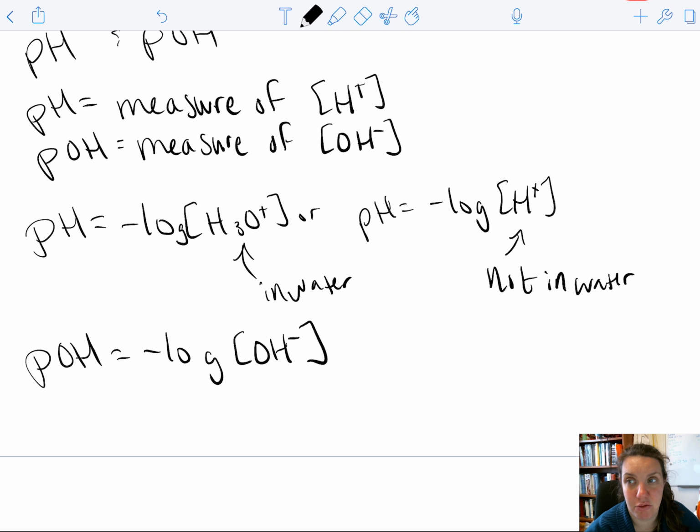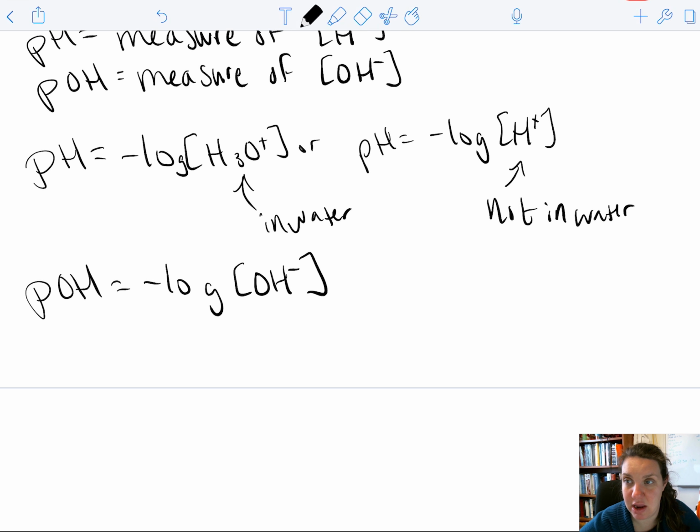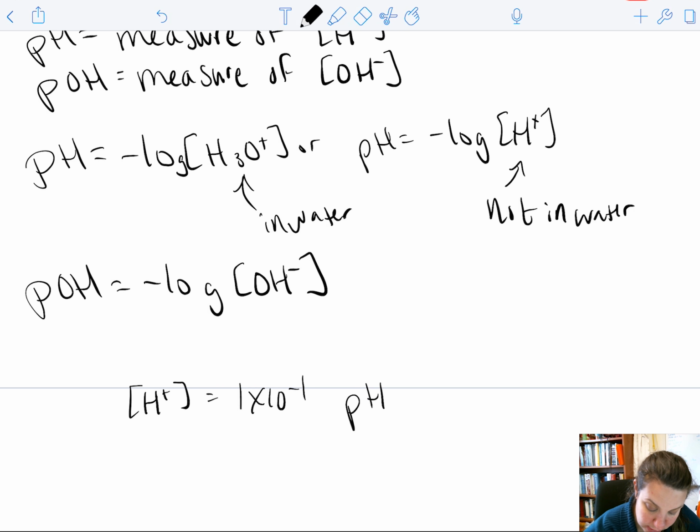So if you have an H plus concentration equal to 1 times 10 to the negative 1, you have a pH equal to 1.